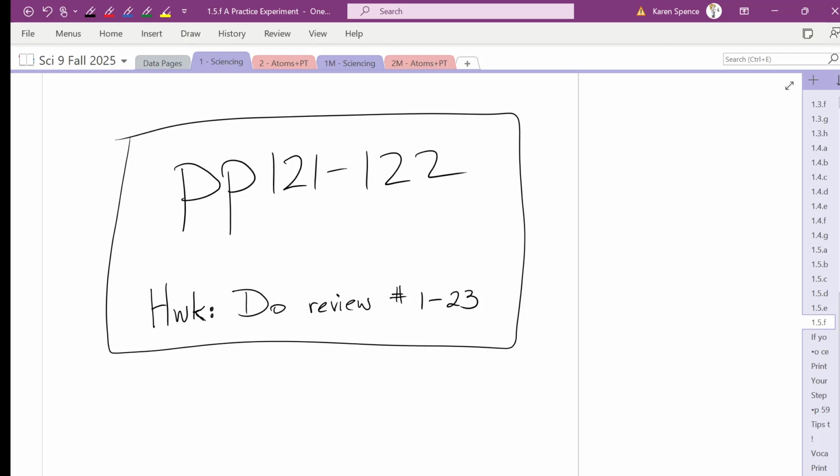Pot, flowers. Measuring cup, measuring tape. Yeah, I think that's it. Sun.